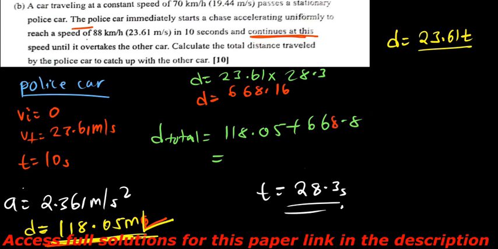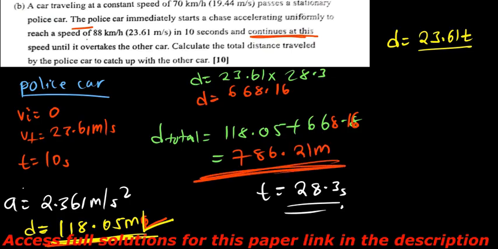We add there 668.16 plus 118.05. So the total distance should be 786.21 meters. That is the total distance.